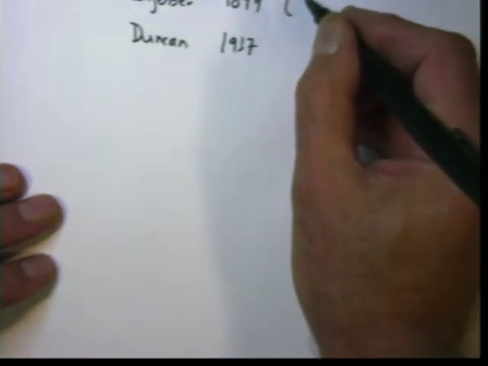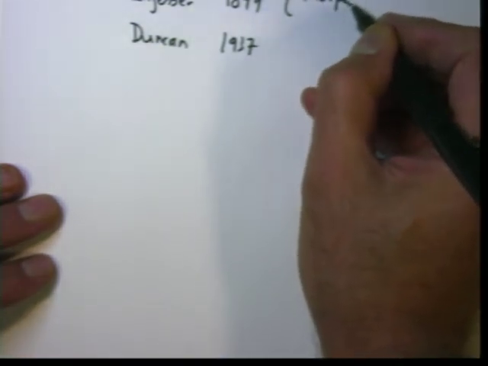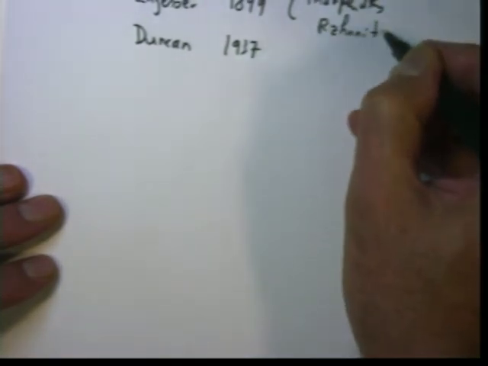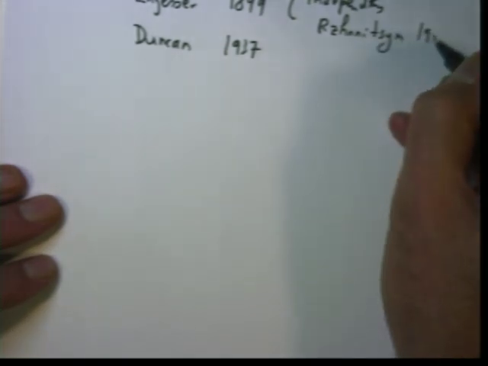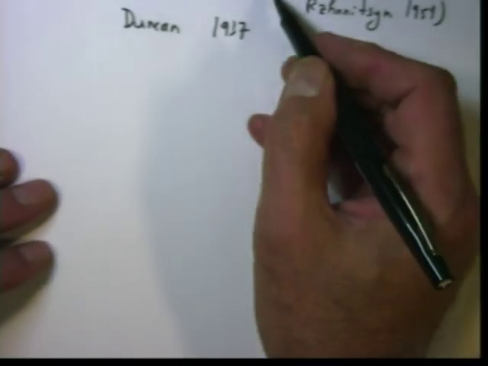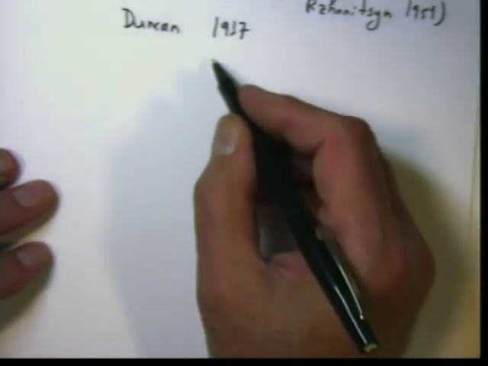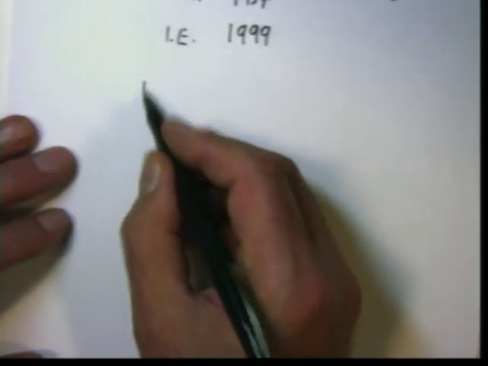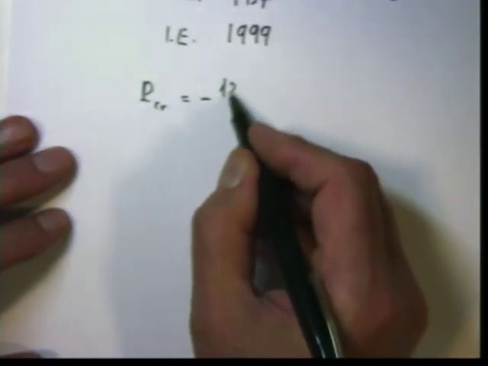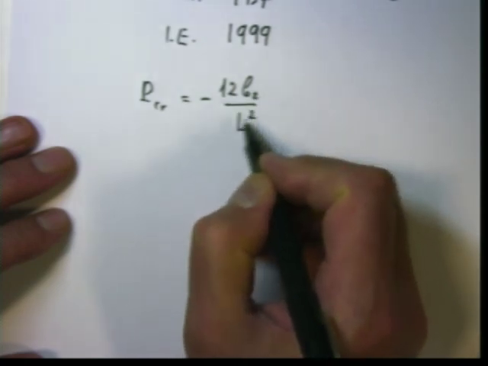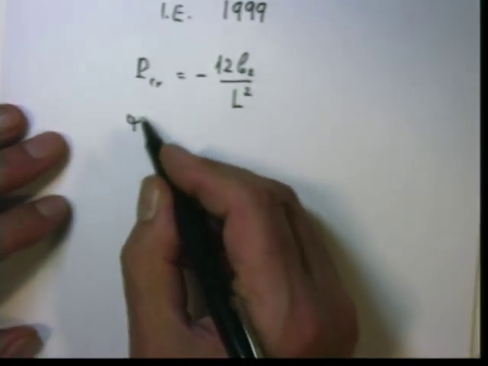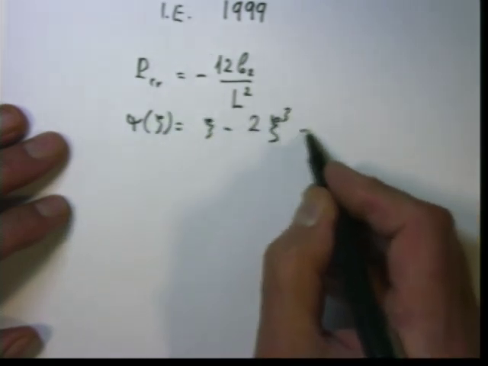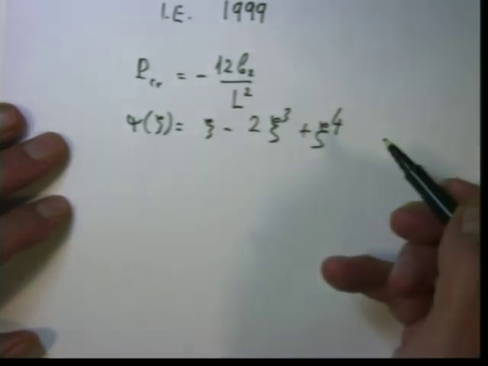This solution was independently given by Zhanitsin, 1951. And then the solutions that I described is 1999. And that is P critical equals minus 12 B2 over L squared, and psi of psi equals psi minus 2 psi cubed plus psi in fourth power.